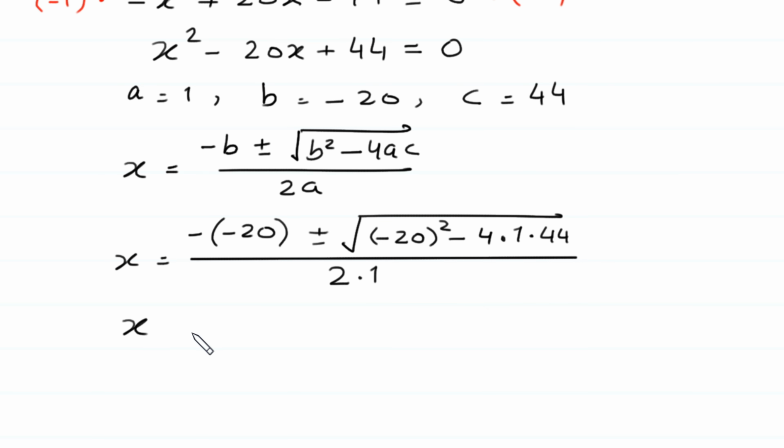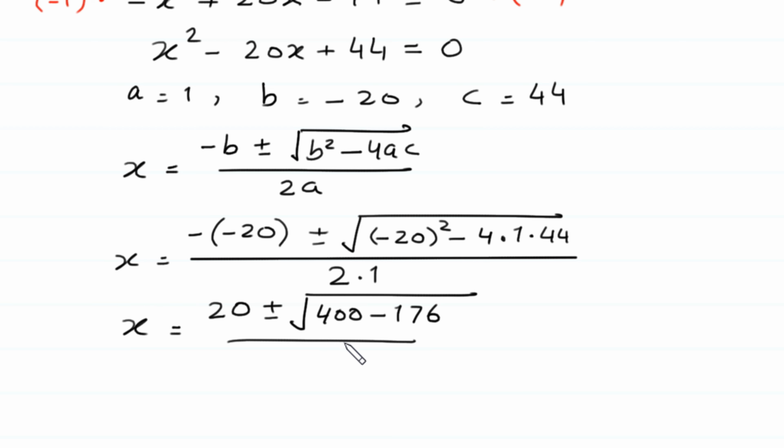Next, x is equal to minus positive 20 plus minus square root of minus 20 square is equal to 400, and minus 4 times 1 times 44 is equal to minus 176, divided by 2 times 1, 2.